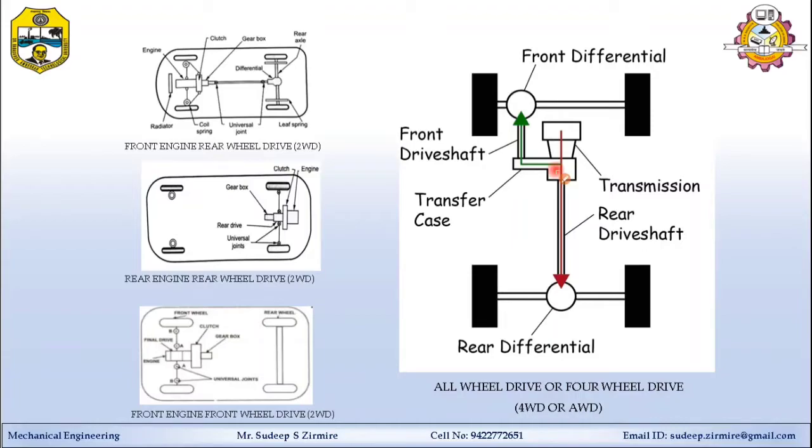Some vehicles, such as all-wheel drive sports cars, have transfer cases that are not selectable. It can be permanently locked. Meaning in some cases this option is not given. So I think you have understood all this.